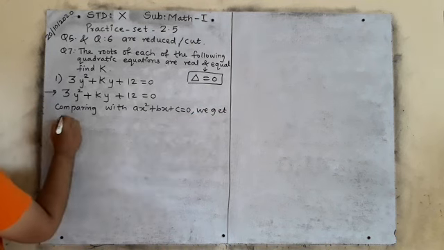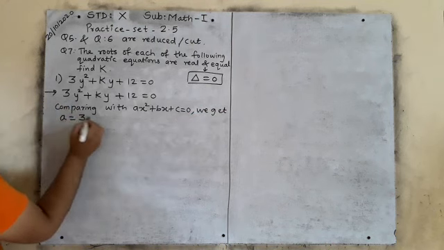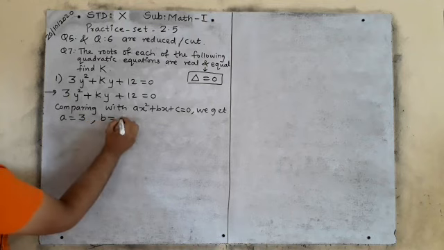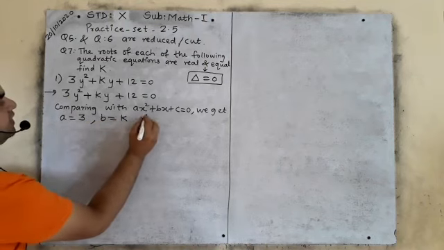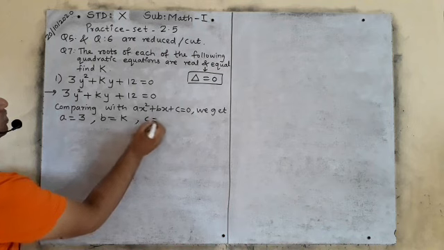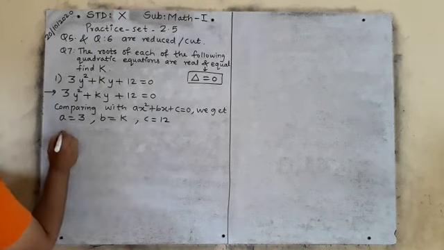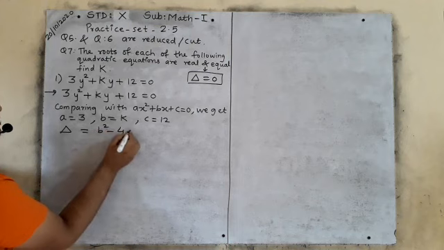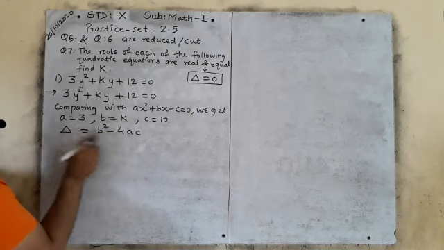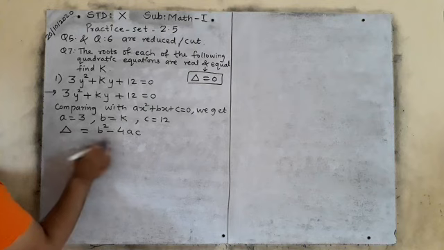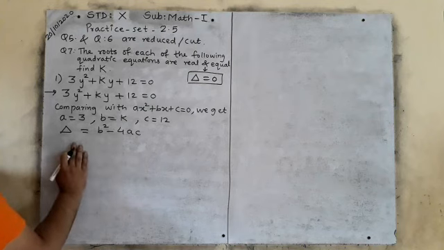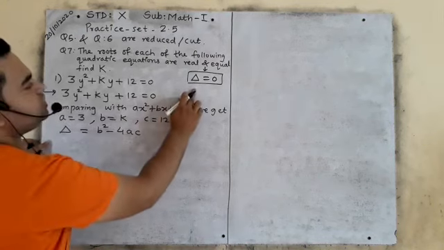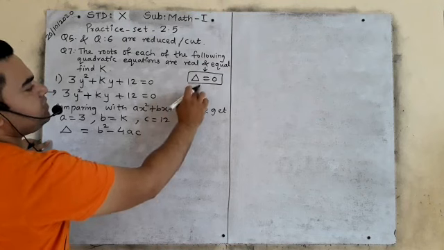A is equals to 3, B is equals to k, and C is equals to 12. So do you know the delta? Delta is equals to b square minus 4ac. This is delta, this is discriminant. They both are the same, right? So in this question, delta must be 0.